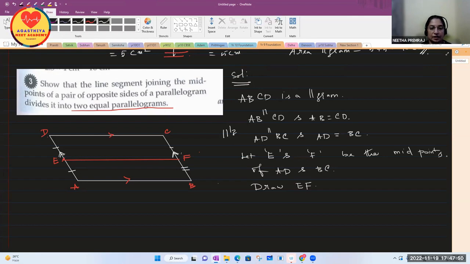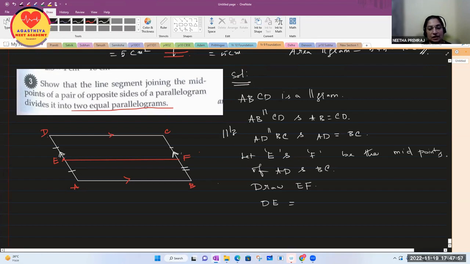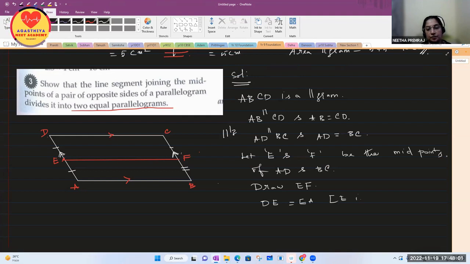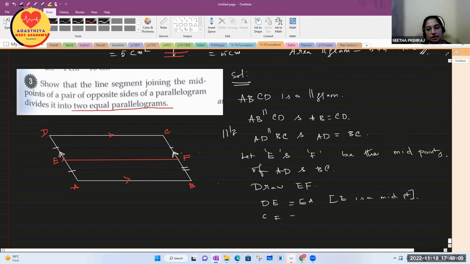Now, how do you say? So, as E is a midpoint, DE equals EA. The reason is E is a midpoint. Similarly, CF is equal to FB. The reason is F is a midpoint.